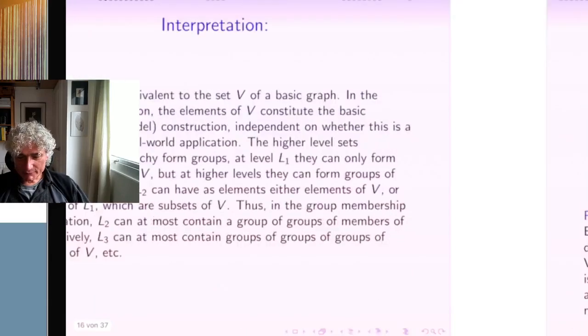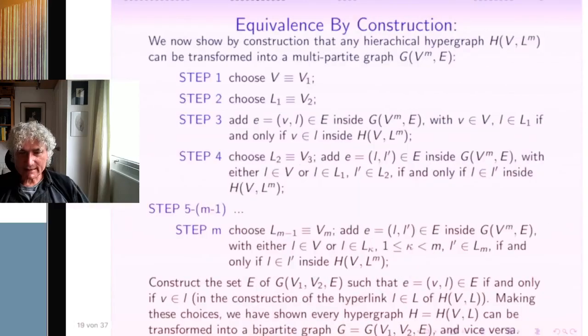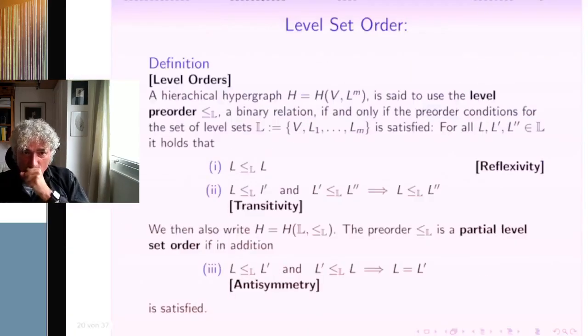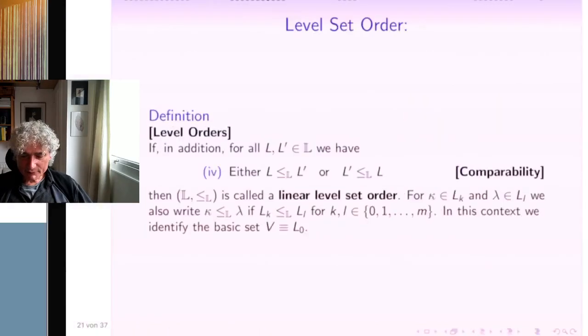So let's go back to the precise definition of the level set order. Like always with orders, you have these three properties of reflexivity, transitivity, and anti-symmetry that give you a pre-order. And then you can define level order, so you can compare levels with each other. You can say one level is smaller or equal than another level L prime, or the other way around.